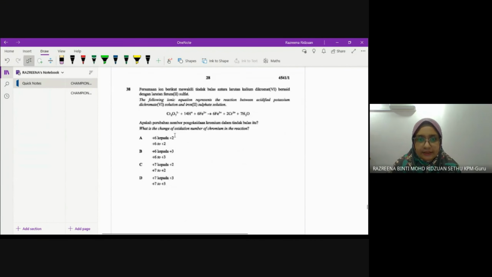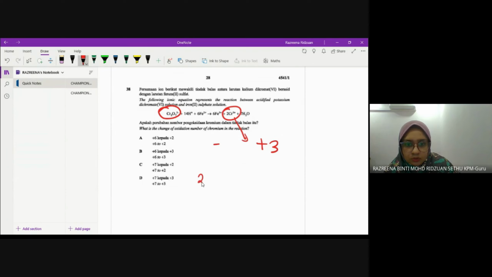Question 38. The following equation represents the reaction between acidified potassium dichromate and iron 2 sulfate solution. What is the change in oxidation number of chromium? Look at chromium here and chromium here. You know here it is positive 3. So here you have to calculate: 2 times x plus 7 times negative 2 equals negative 2.